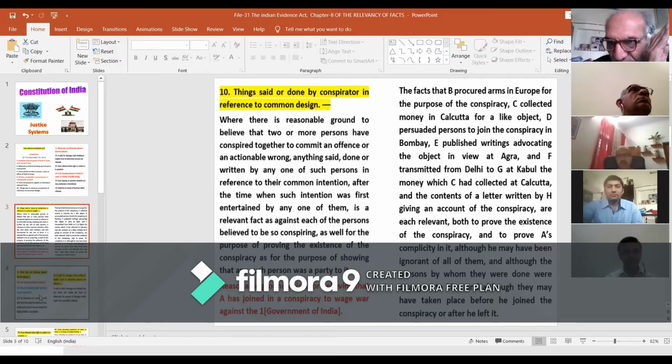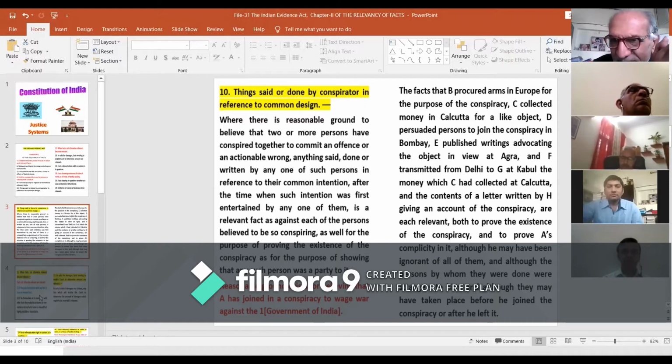Therefore, it is in this background we have to appreciate that this section provides that if one of the conspirators has done something, acted in a way, or has written something, then that thing, that action done, or that written document, writing of one of them becomes relevant.